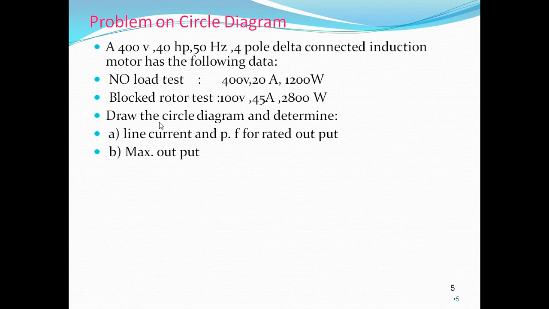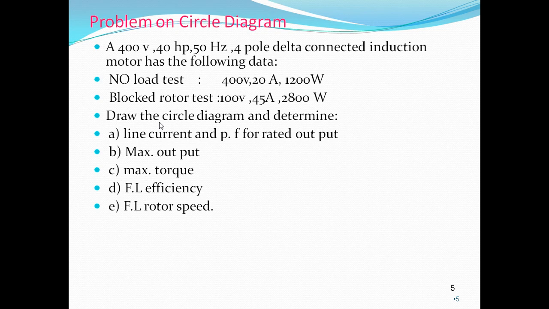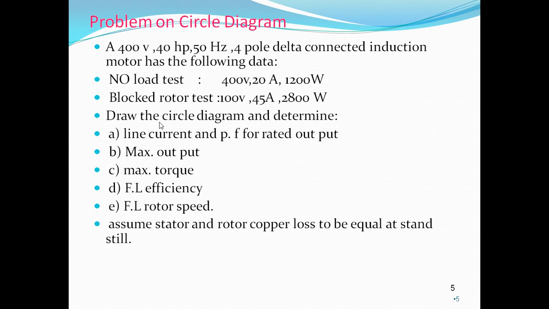We have to calculate the maximum output, maximum torque, full load efficiency, and full load rotor speed. And he has given: assume stator and rotor losses are equal at standstill.